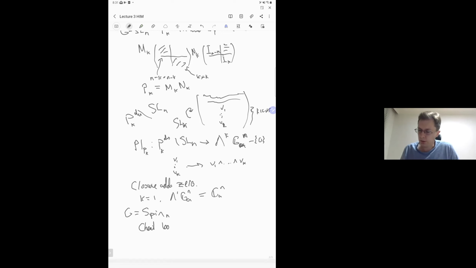And I'm going to look at ON instead, because it's easier to describe what's going on and it's good enough for our purposes. So in this case, the maximal parabolics are indexed by 1 less than or equal to k less than or equal to n over 2.